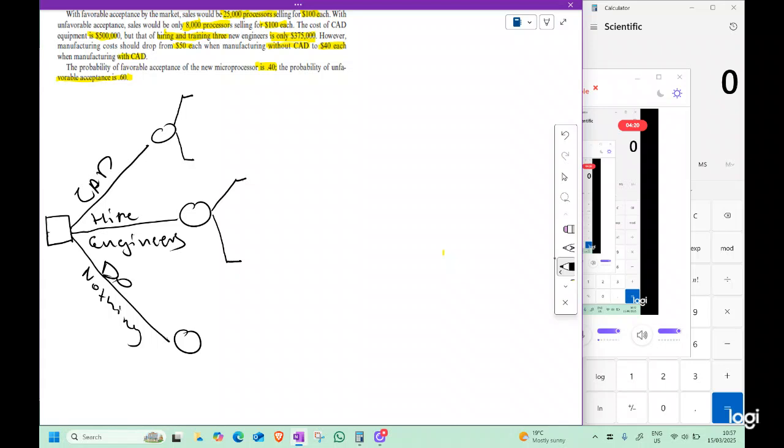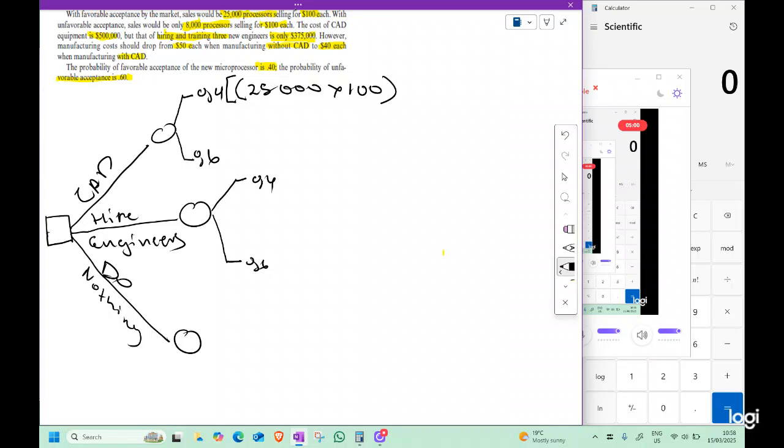So now, when the market is favorable, we have a probability of 0.4, and 0.6 when it's not favorable. Then we have our big bracket, and then we have 25,000 that will be sold at $100. And this is CAD system. So this is our sales here, sales minus cost.